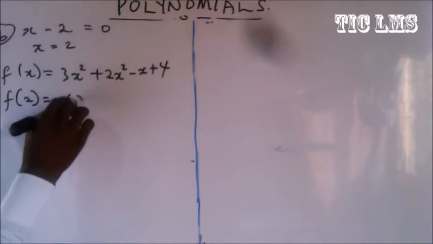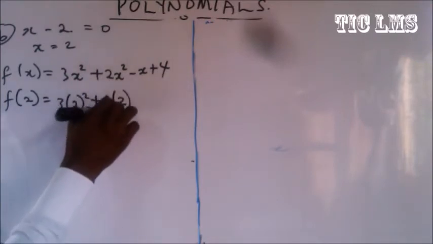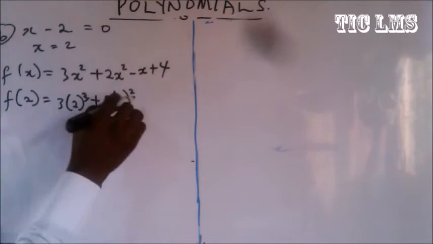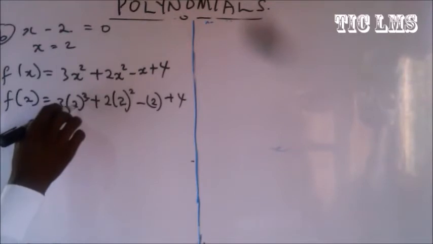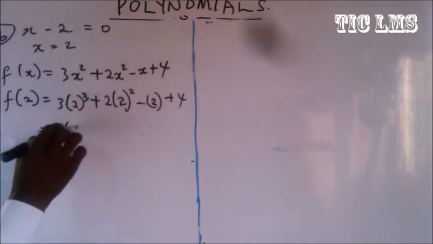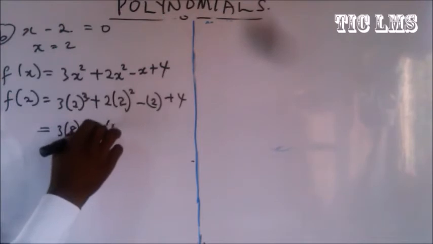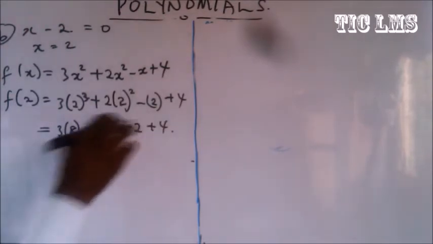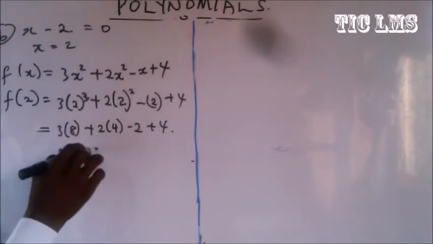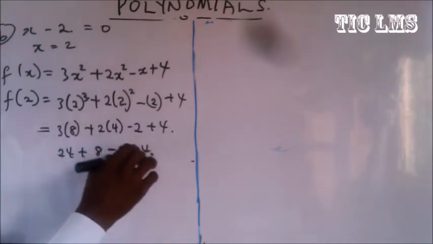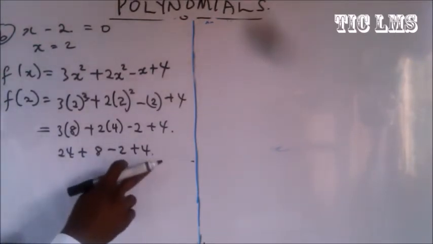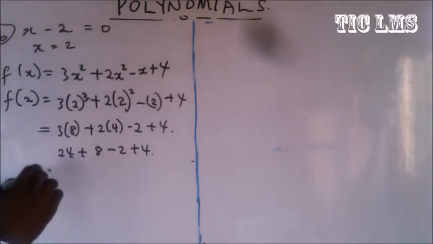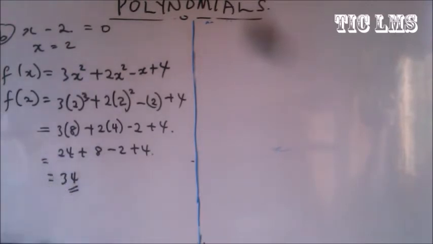So we have 3 into bracket 2 cubed plus 2 into bracket 2 squared minus 2 plus 4. 2 raised to power 3 gives 8, so that's 3 times 8. And then 2 squared is 4, that's 2 times 4, minus 2 plus 4. Here we have 24 plus 8 minus 2 plus 4. 24 plus 8 gives 32. 32 plus 4 gives 36. 36 minus 2 gives 34. Hence, the remainder is 34.